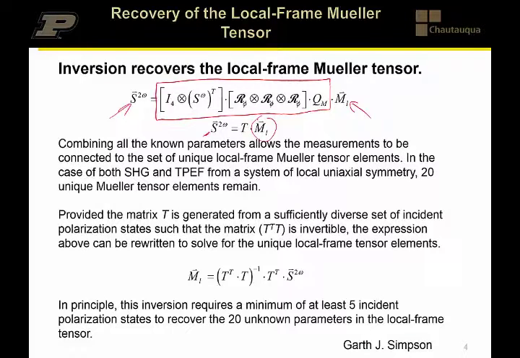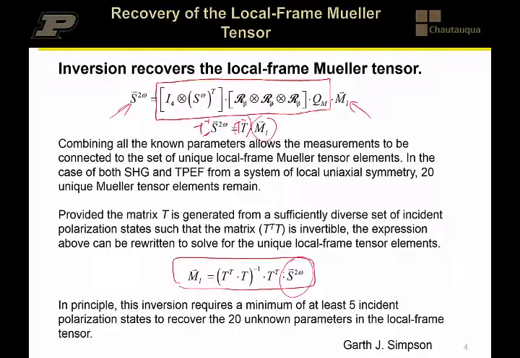And how do we get that? Well, this is a standard trick. If we want to isolate M sub L, we left multiply both sides by T transpose, and then left multiply again by the inverse of that term in brackets. That isolates M sub L, the local frame Mueller tensor, and allows us to solve for it in terms of a set of Stokes measurements.